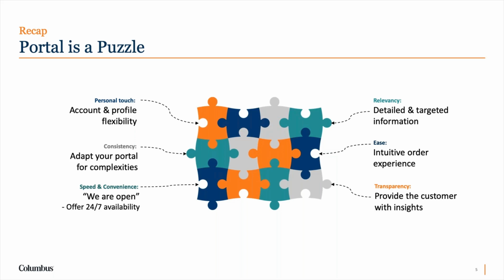We also see a need of transparency and provide the customers with detailed insights, like refined customer data. And last but not least, account information, account management. And of course, all those pillars can be broken down into smaller pieces of requirements.